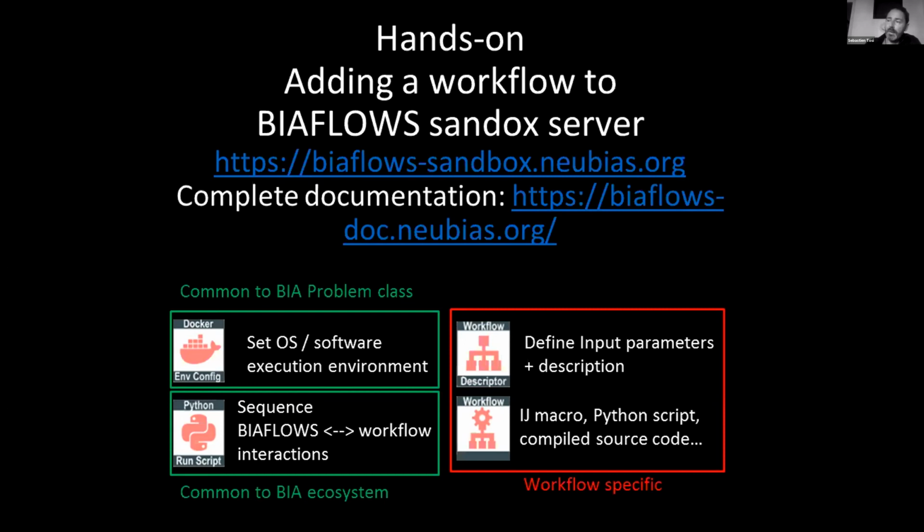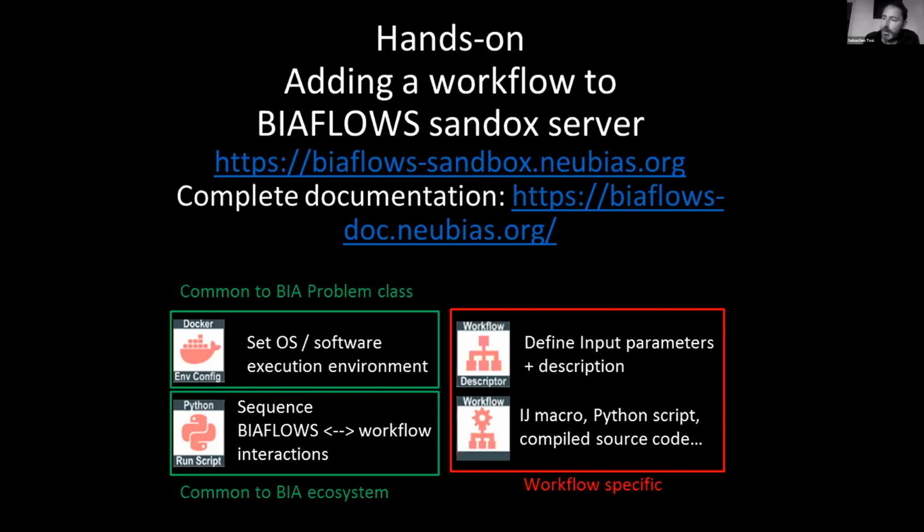But keep in mind that you can use it for virtually anything, as we've seen before. And actually, in a second step, maybe on your own, you can also try to integrate something else. But so we will work on a specific set of images and all on an ImageJ macro as the workflow will integrate.